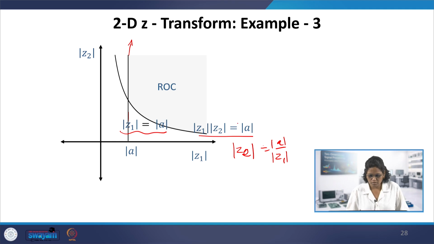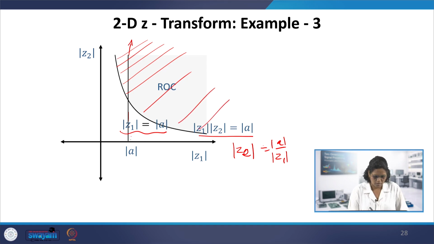So now this needs to be greater than a. So one curve gives this ROC, and the second curve gives the ROC as this part. So the intersection of these two results in this portion, which is the ROC of this particular problem.